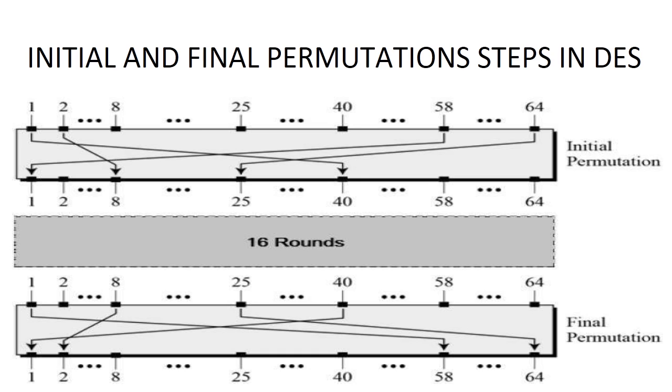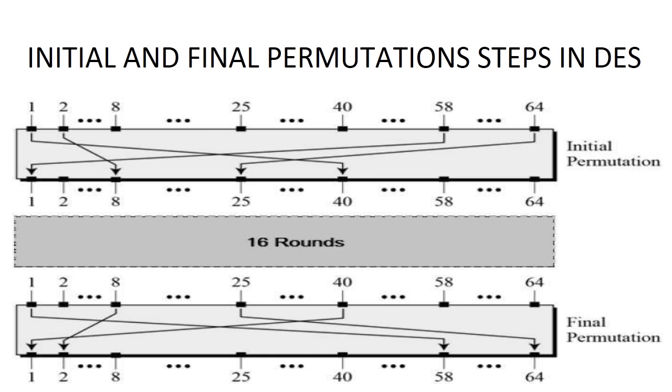Both of the permutations are keyless and are straight permutations that are inverses of each other. For example, in figure 1, in the initial permutation, the 58th bit in the input becomes the first bit in the output. Similarly, in the final permutation, the first bit in the input becomes the 58th bit in the output.